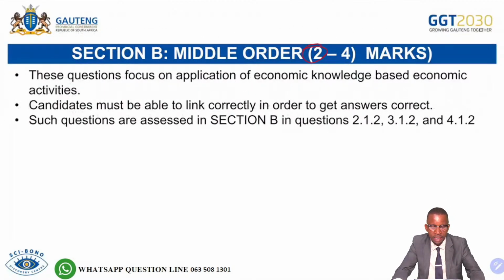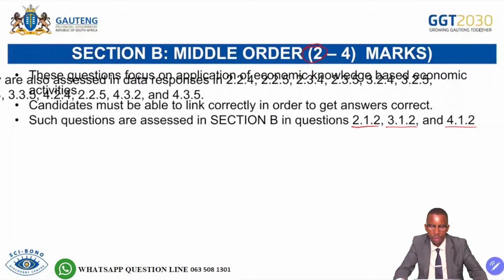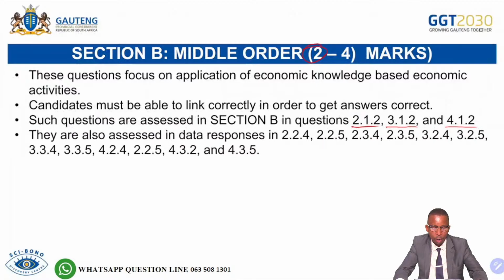Such questions are assessed in section B in question 2.1.2 and 3.1.2 and 4.1.2. Remember, those are first questions after the lower order where you have to list. They are also assessed in data response in 2.2.4, 2.2.5, and 2.3.4, 2.3.5, they're also found there.